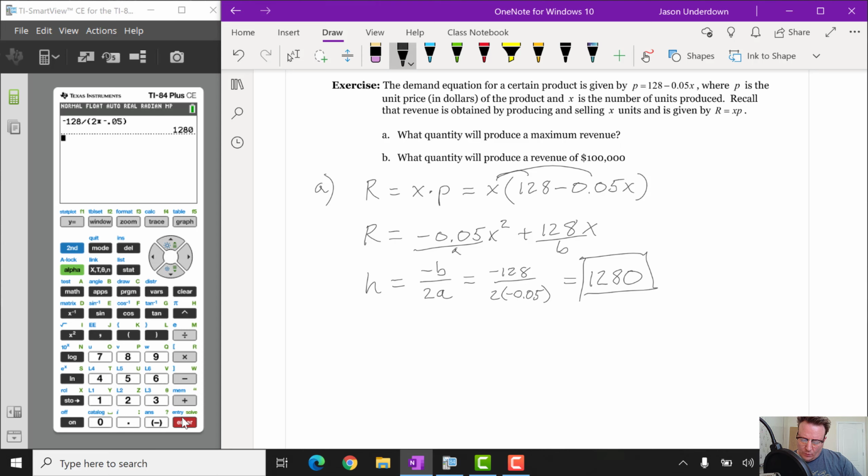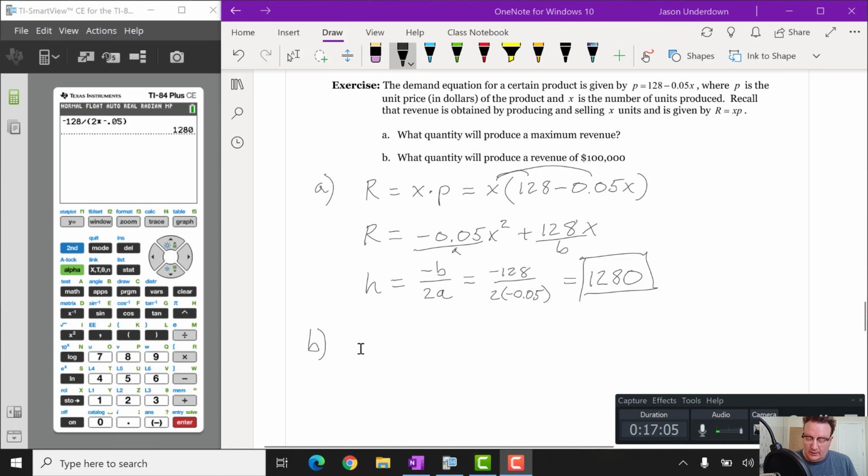Part B, what quantity will produce a revenue of $100,000? Let's see here. So we want to set the revenue function equal to $100,000 and solve for x.